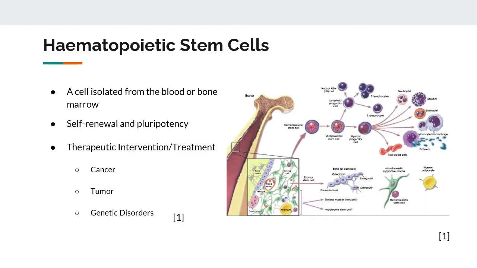So starting with hematopoietic stem cells, which I will now refer to as HSCs, is a cell isolated from the blood or bone marrow that can renew itself, can differentiate to a variety of specialized cells, can mobilize out of the bone marrow into circulating blood, and can also undergo programmed cell death, apoptosis.